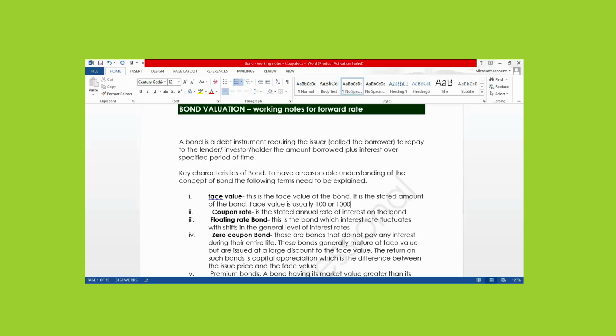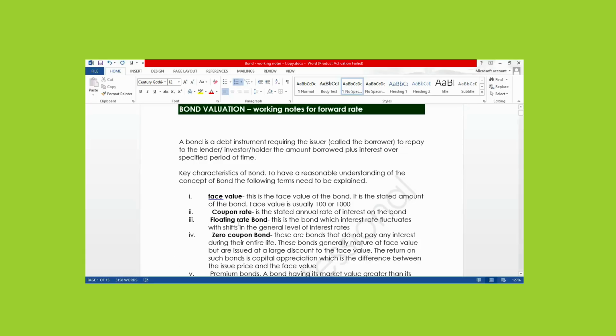Please note, where the examiner is silent about the face value of a bond, you can either assume 100 naira or you can assume 1,000 naira.